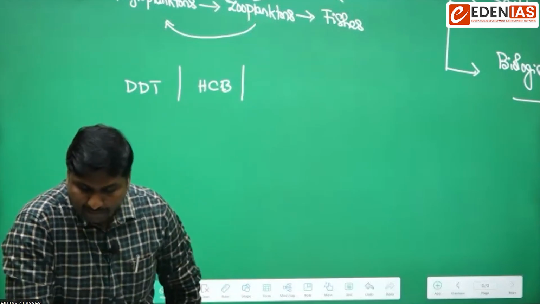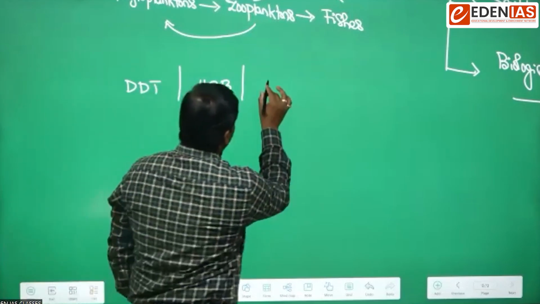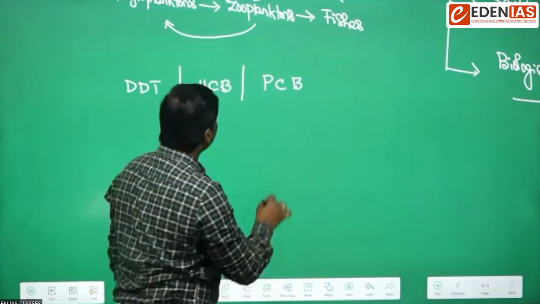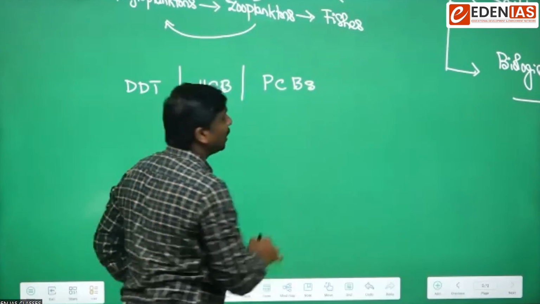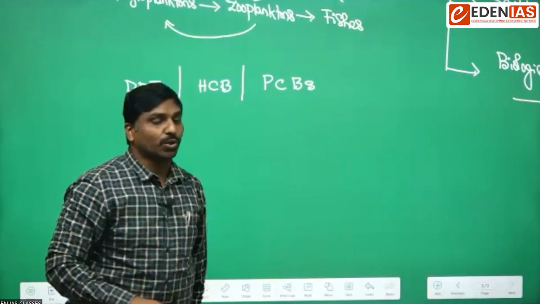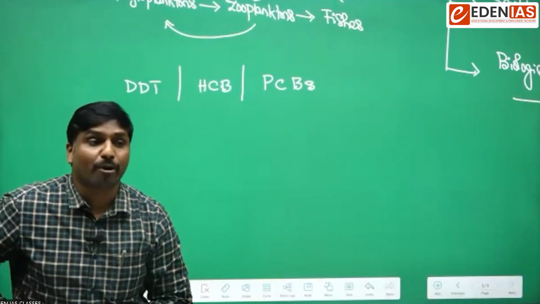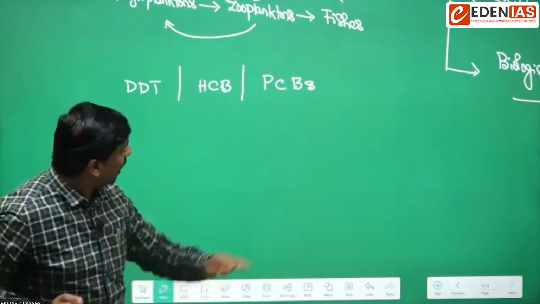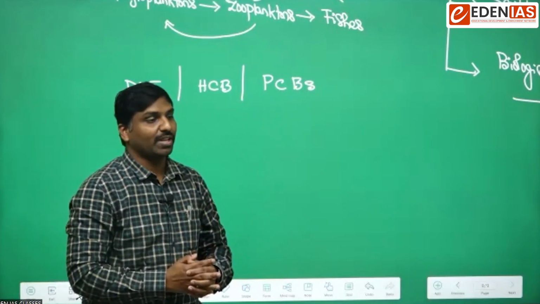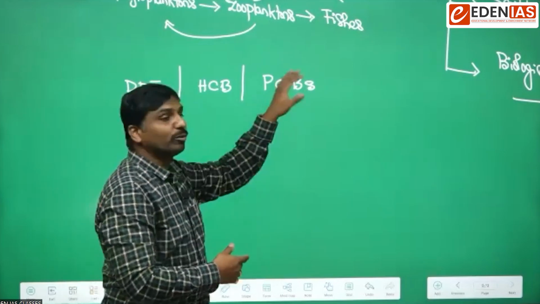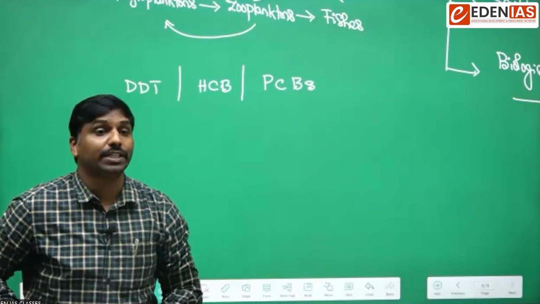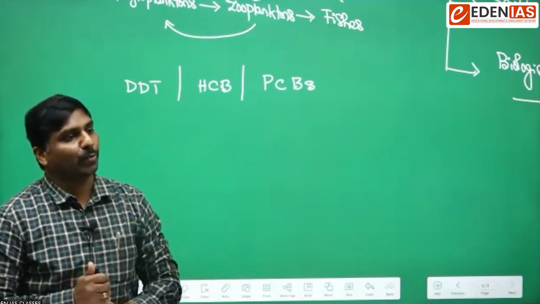Then we have PCBs, polychlorinated biphenyls. Usually we can see polychlorinated biphenyls, or PCBs, in electrical appliances, from which they would be released. So PCBs also have the ability to get biomagnified.